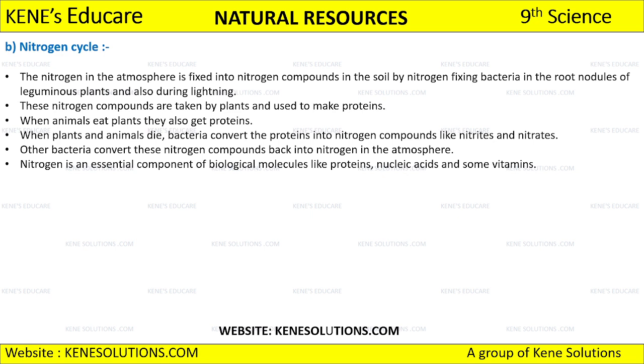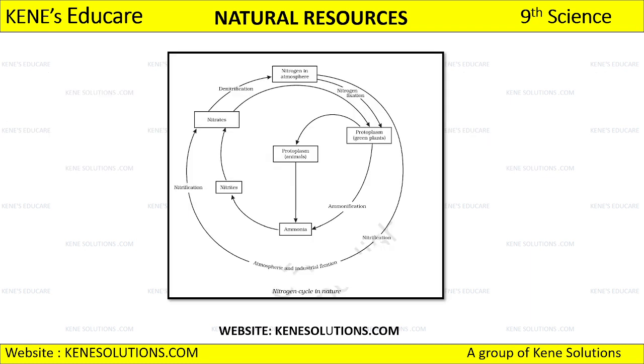Then we have nitrates and nitrites, into which the atmospheric nitrogen has to be converted. Then after this, the nitrogen cycle. This is how the nitrogen cycle looks in nature. This is how it is exactly.